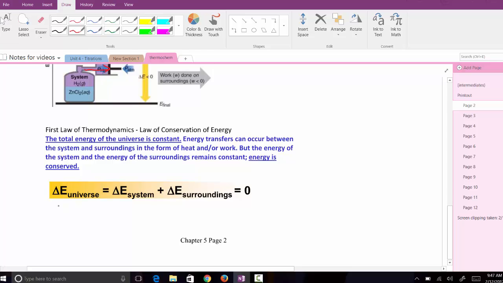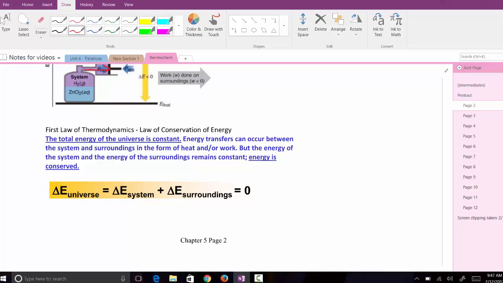Basically, to state it in an equation, the first law of thermodynamics says the change in energy of the universe is zero, meaning the change in the energy of the universe is our system change plus our surroundings. Everything that happens in the system, if I have energy leaving the system, that energy is going into the surroundings.